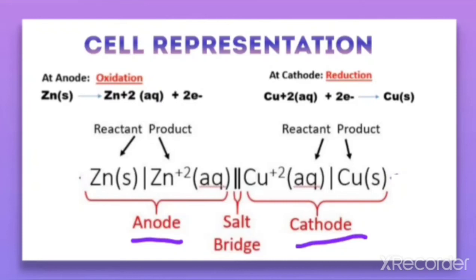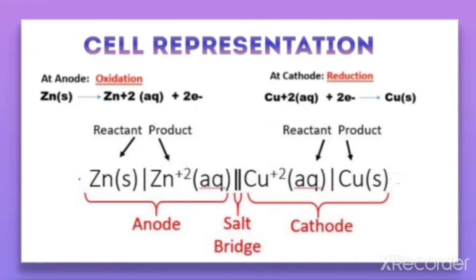So whenever you are writing a cell representation, the anode side is written on the left hand side and the cathode reactions are written on the right hand side, and in between these there will be two lines that you can see here. These represent the salt bridge.